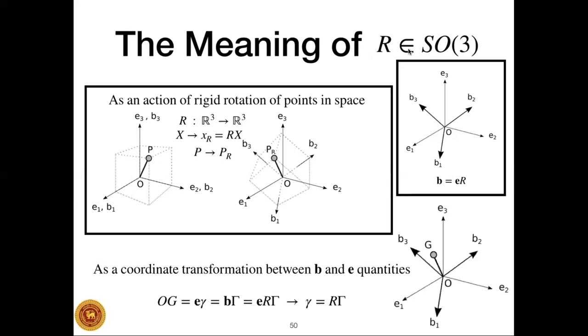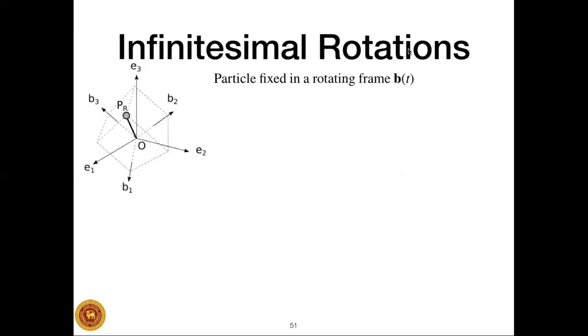Third interpretation is the one that we just saw, where we can see R, the special orthogonal matrix, as a coordinate transformation between quantities in two orthonormal frames. So this and this are closely related, and this has a very deeper meaning, and so we will try to understand them a little more closely.